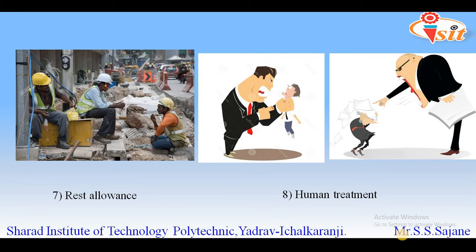The workers are always asked to complete their daily task, or else if they fail to do so, then either they will be compensated in terms of money, or they are made to fear for their job security. If this happens, then it affects their abilities and skills to perform any activity.